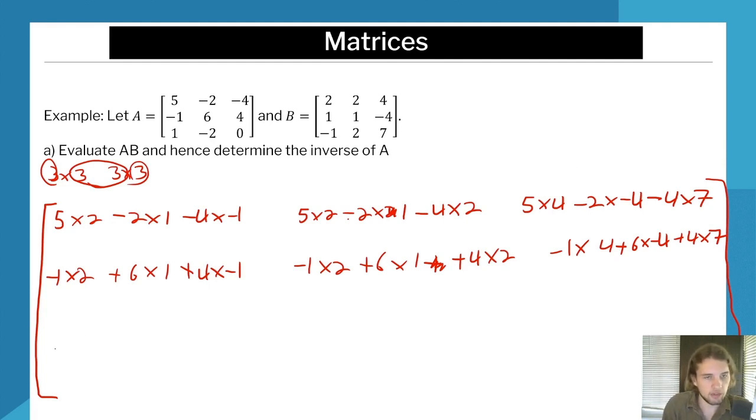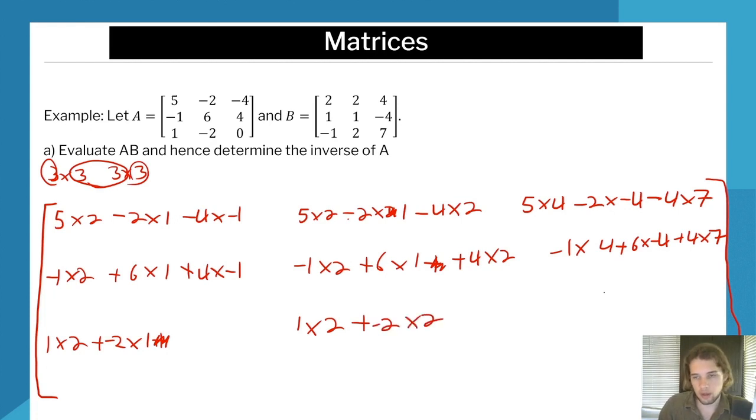And we can finally finish off with row 3. So we have row 3, column 1, 1 times 2 plus minus 2 times 1 plus, we can ignore the zeros because they're obviously going to just cancel out everything. So we have 1 times 2 plus negative 2 times 2.